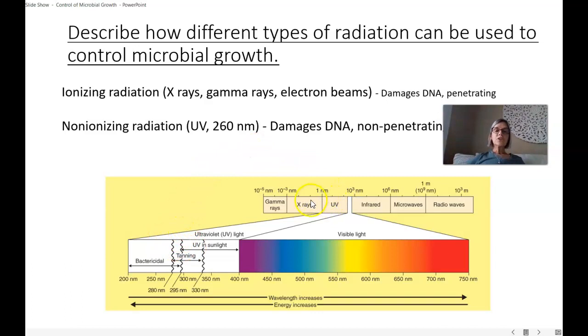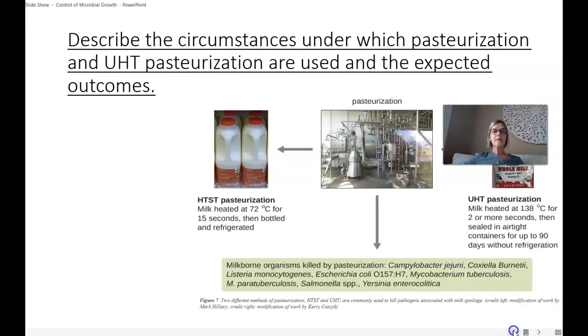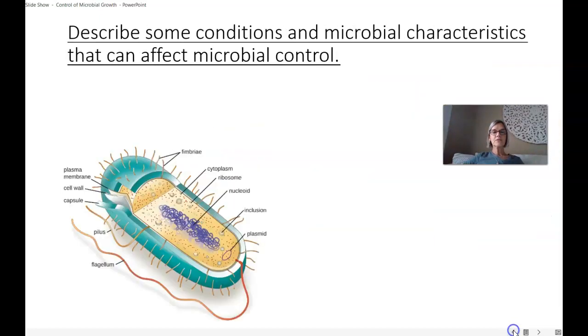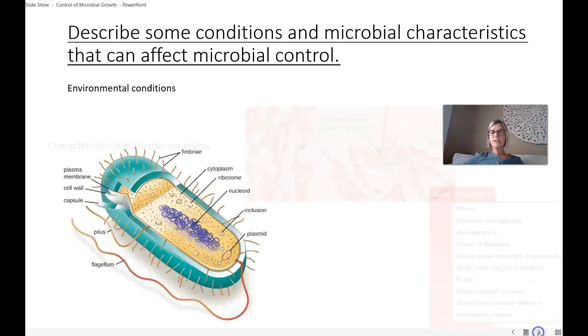If we go to lower wavelengths, as far as microbial control, the situations I can think of ultraviolet light being used, I might sterilize a tabletop. Earlier in this PowerPoint, we were looking at the biosafety levels, and somebody was using a biosafety hood.